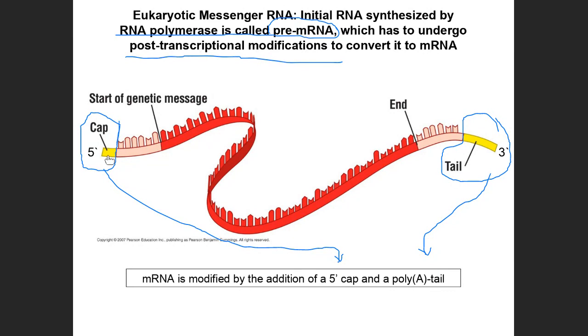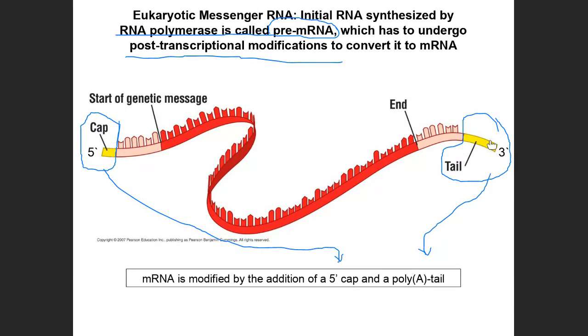A molecule called a cap is added to the 5' end, thus we call it a 5' cap. And then a small stretch of RNA polynucleotide, where every RNA nucleotide has the base adenine, is added to the 3' end. Therefore, they simply refer to it as a poly A tail.